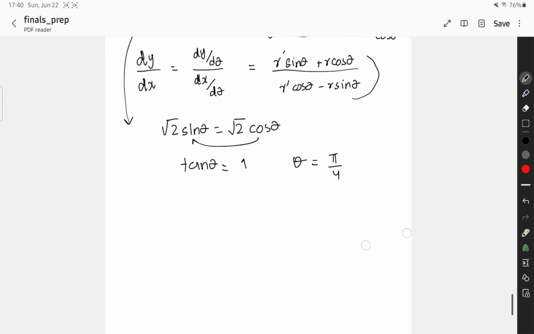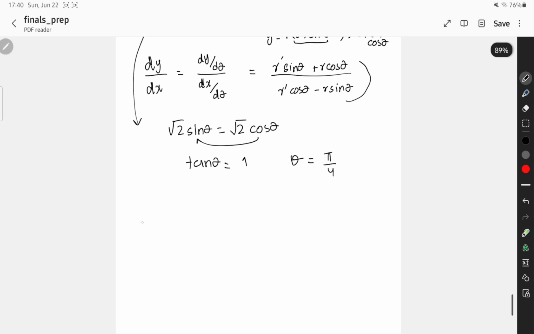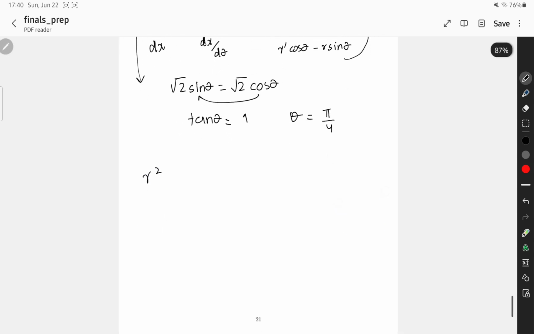Once you get theta equals pi by 4, you plug it into either of the equations to get the value of r, and you will get the same result. Sine pi by 4 is 1 over root 2, so it cancels, and r should equal plus or minus 1.